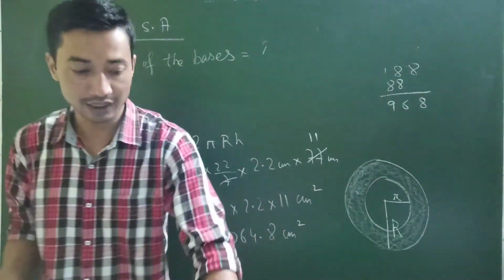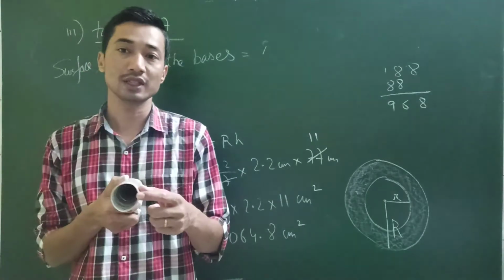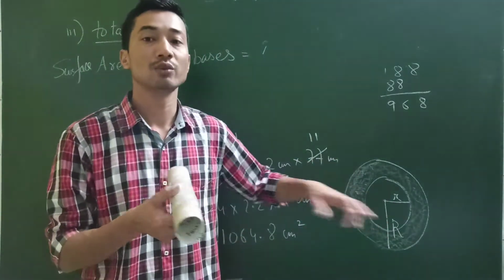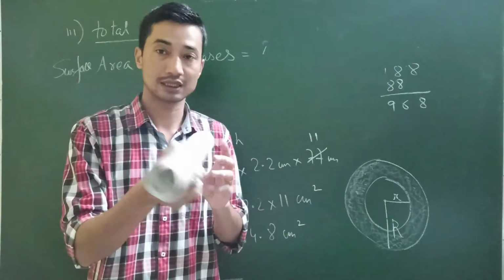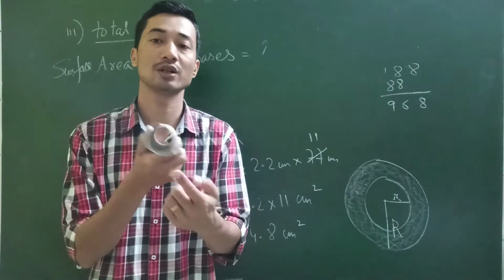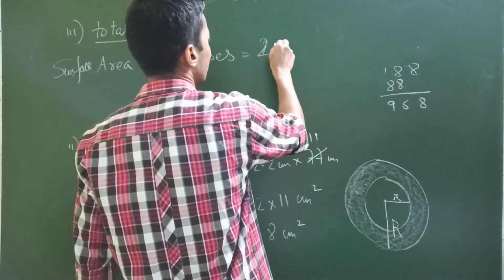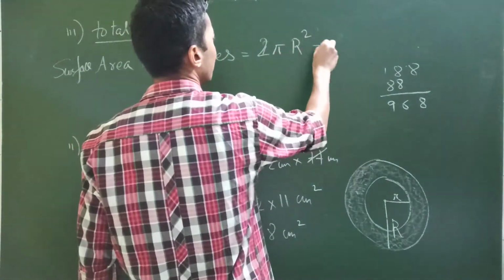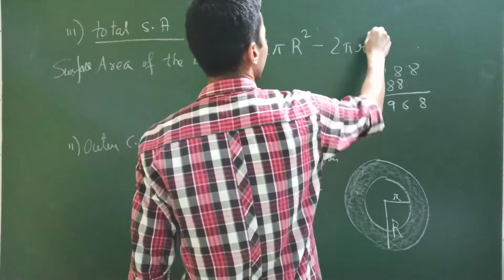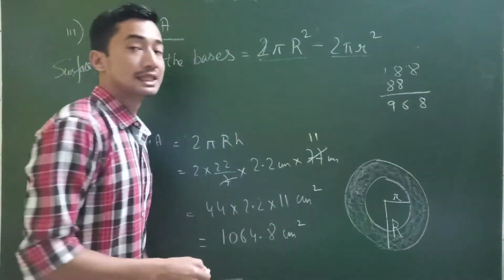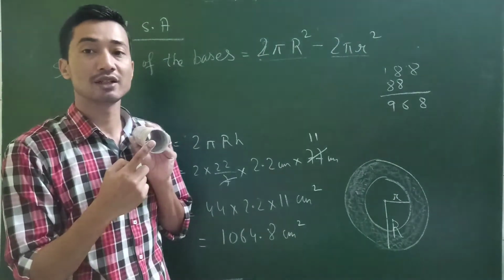This is one side, so it's going to be bigger circle minus smaller circle. But we have two circles, even on this side also. One here, one here. So that's two bases: 2 pi R square minus 2 pi r square. That is the area of the bigger circle minus the area of the smaller circle.